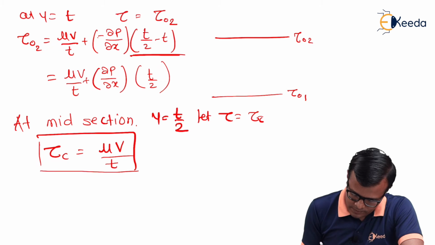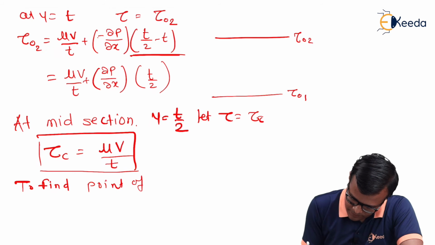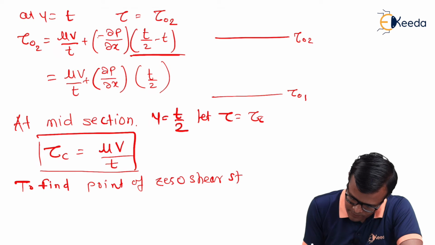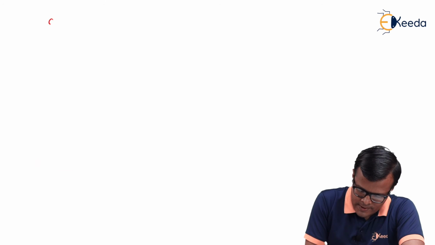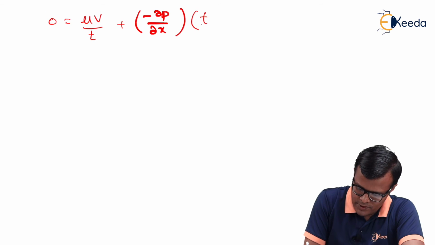So to find the point of 0 shear stress, put tau equal to 0. Then we will have 0 equal to mu v upon t plus minus delta p by delta x into t by 2 minus y.